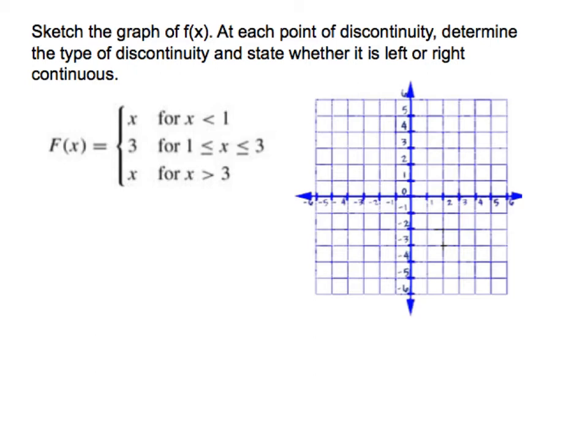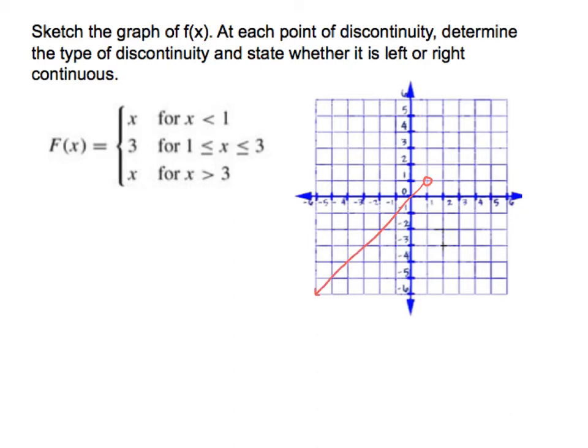So we need to really think about that endpoint. At 1, the function would have an ordered pair of (1, 1), but it's an open circle because it doesn't have an equal to sign. And therefore, on the left side of the graph we follow the rules for slope 1, y-intercept 0.